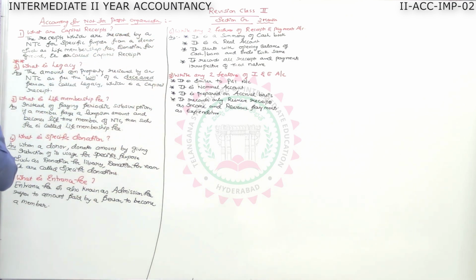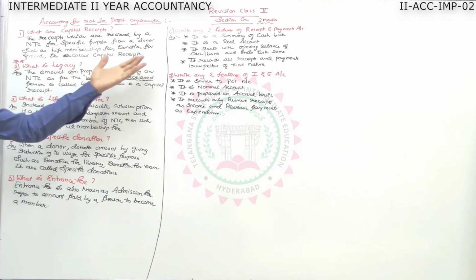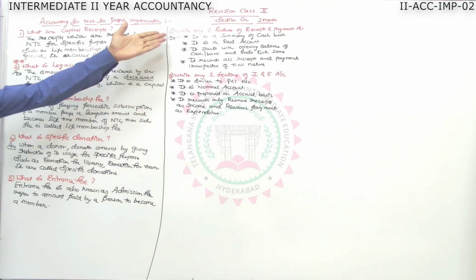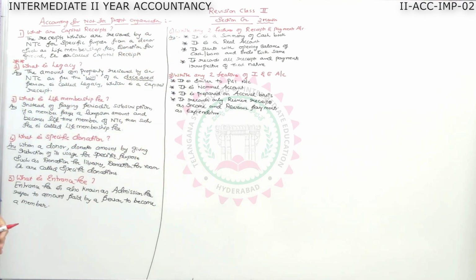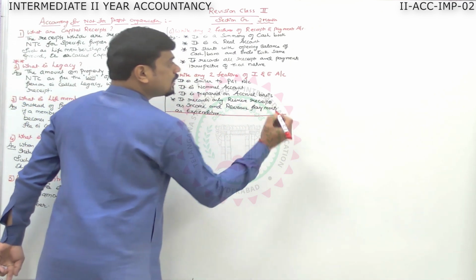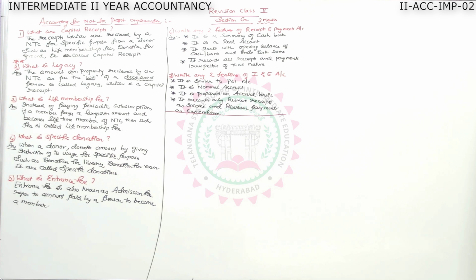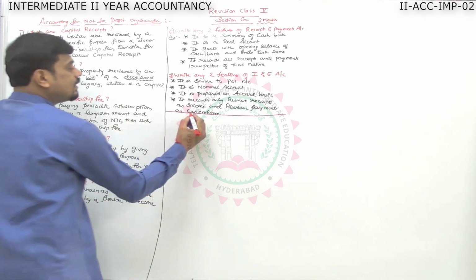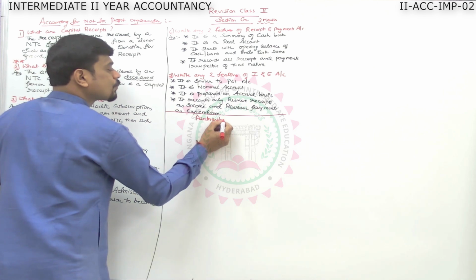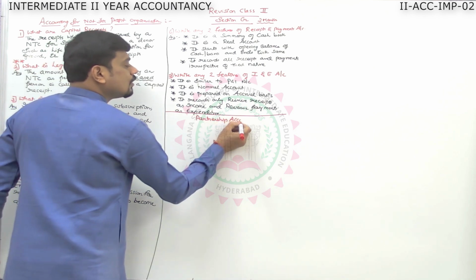Then if you are quite lucky enough, it can be a 5 marks question also, dear. If he's asking for 5 marks, you can write another 2-3 points in this. This is about accounting for non-trading concern. Important questions. Now I am coming to the next important topic, and that is from partnership accounts.